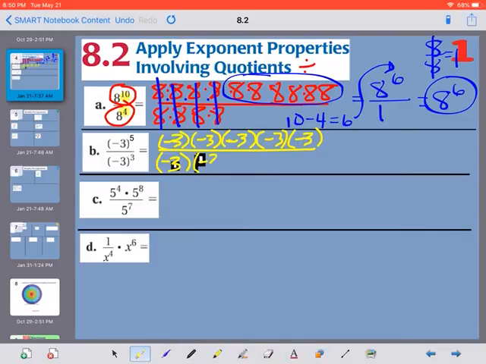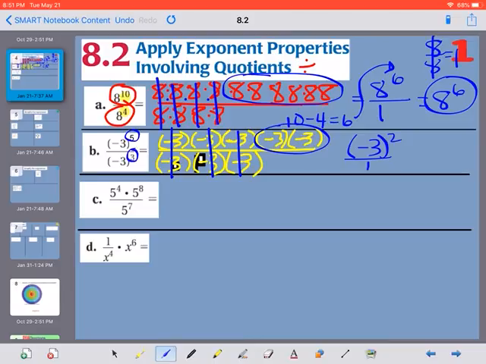And just like our 8s, negative 3 divided by negative 3, if it's all multiplication and division, we can simplify. That makes 1 times 1 times 1. And we have negative 3 multiplied 2 times. Leave it like this. You could put a 1 on the bottom if you want, but you don't have to. Same thing, we could have taken our exponents, 5 and 3. 5 minus 3 is 2. And there we go.